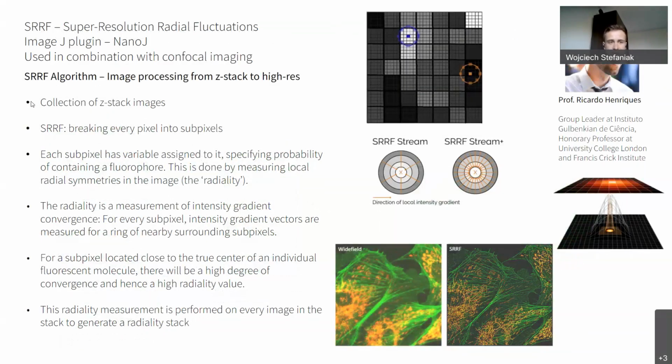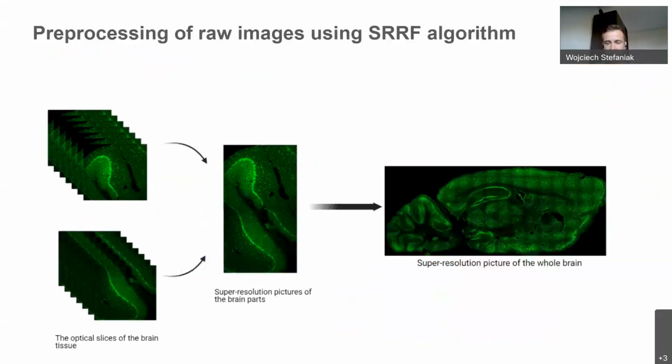After collecting this Z-stack, we perform the SURF algorithm, which is computationally quite heavy, but fortunately it is accelerated on GPU. It involves computing gradients, checking gradients, convergence, so there is a lot of math underneath it. But as you see here, the results are quite sharp, and that's good for our neural network, which will happen in a bit.